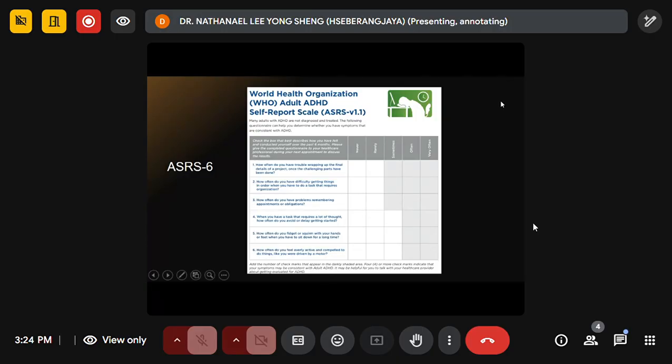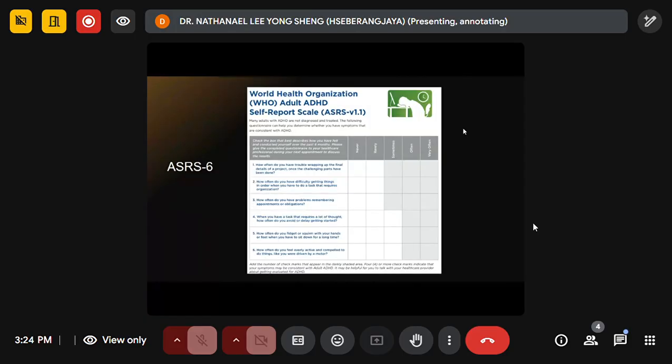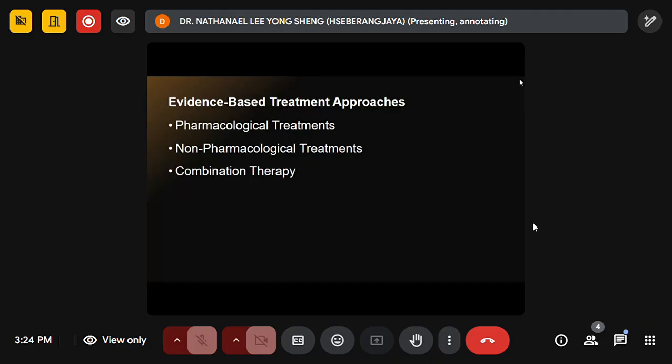Okay, so the message is you can either use the full version to get more idea of whether the patient has ADHD, or else, if you want to be fast, this is enough for you to have a rough idea that the patient might have ADHD. Then you might need to have more history from the patient and the informants.